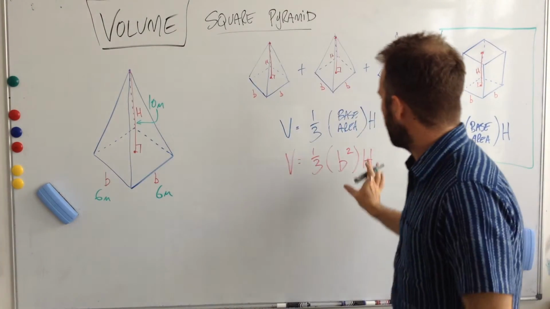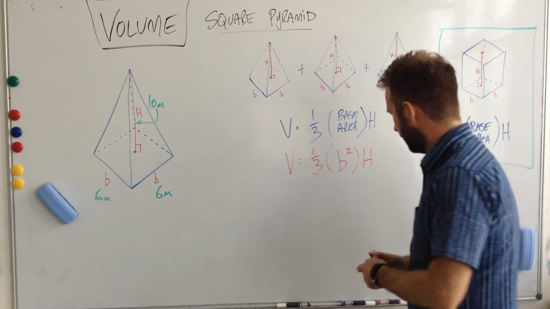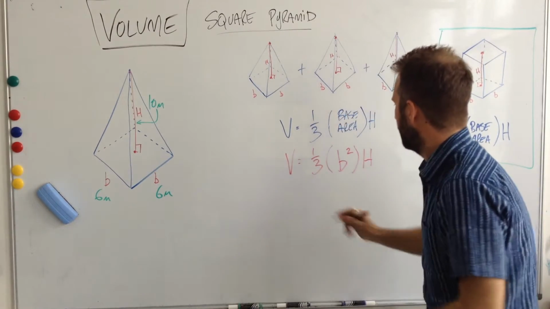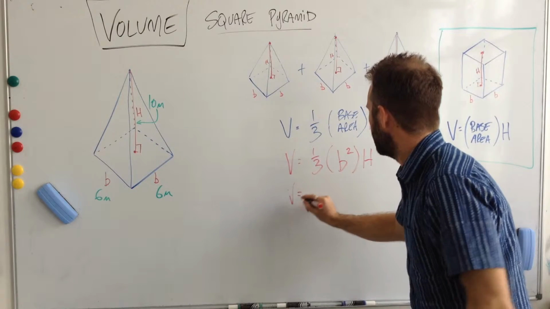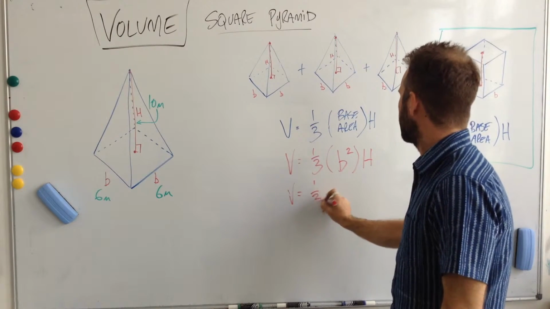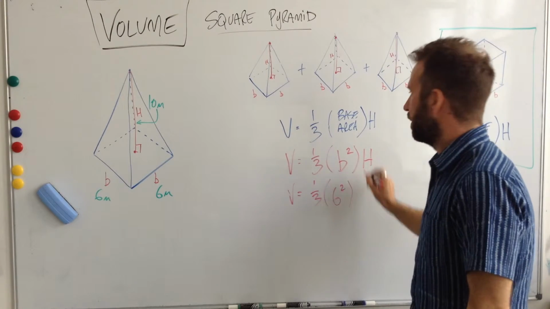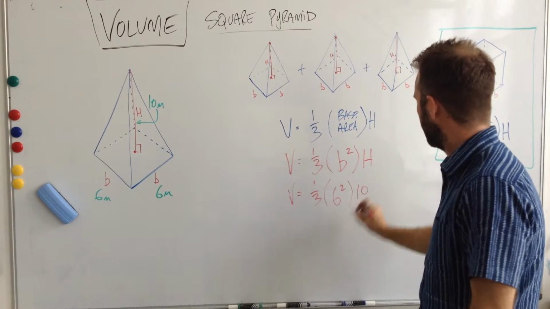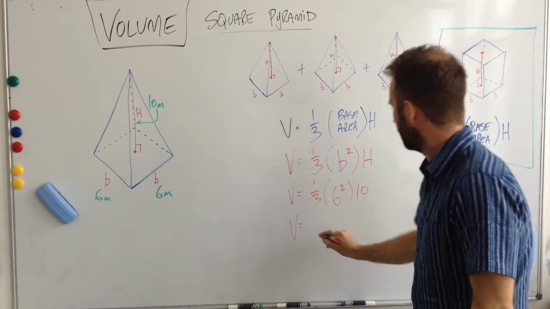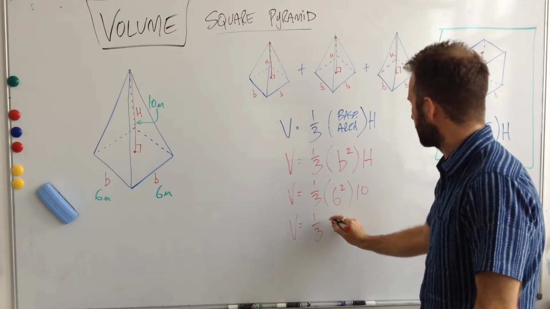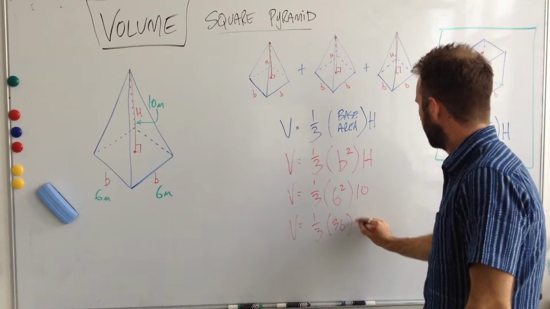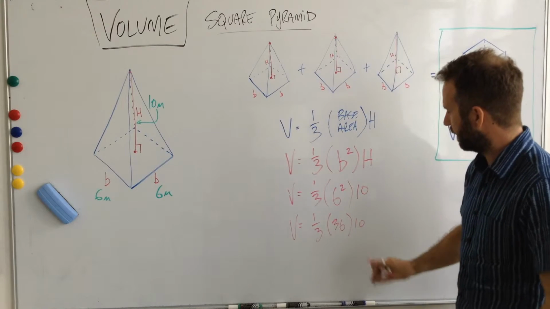Now that we have some numbers, we can plug them into our formula here. So we've got volume is equal to 1/3 multiplied by 6 squared multiplied by 10. So what do I get? Let's see. 6 squared is 36. I multiplied by 10.